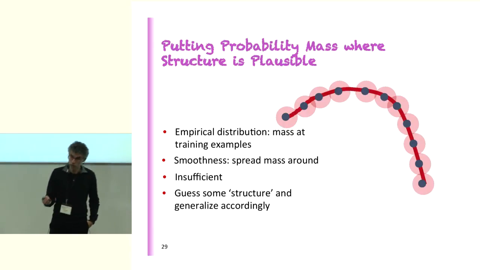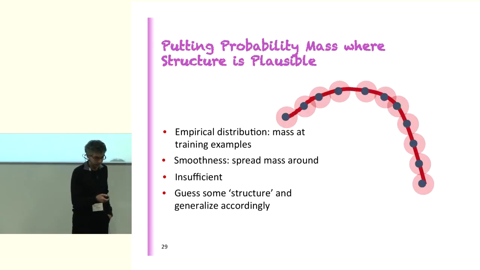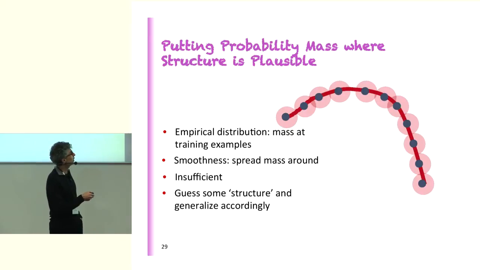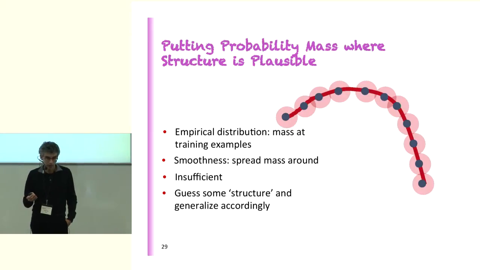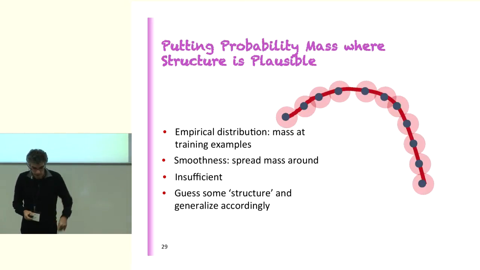And we can use the smoothness assumption to go further and tell us that, well, because we're expecting the function to be learned to be smooth, that means that if the probability or the output we want to predict is high here, then it should be high nearby. And so we can just put little balls around. And that's useful, but it's not enough in high dimension, as we've seen. That's the curse of dimensionality. So we need something else.